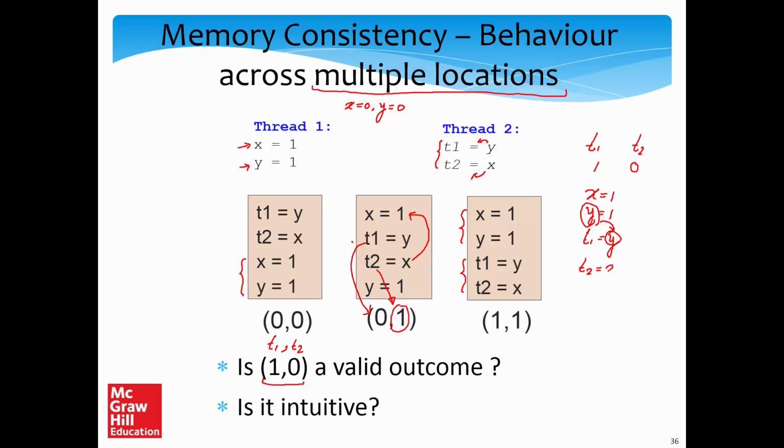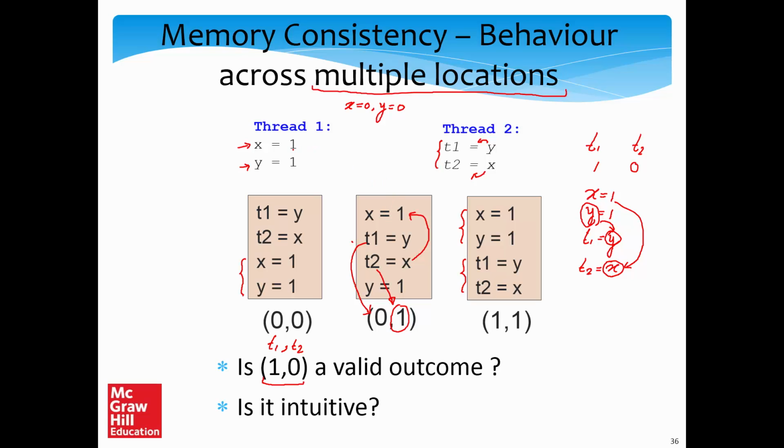So t2 is forced to get the value 1. As a result, if we interleave instructions from different threads the way we are doing, then the outcome 1, 0 is not valid, is not intuitive. It is simply not an output that we expect given our model.